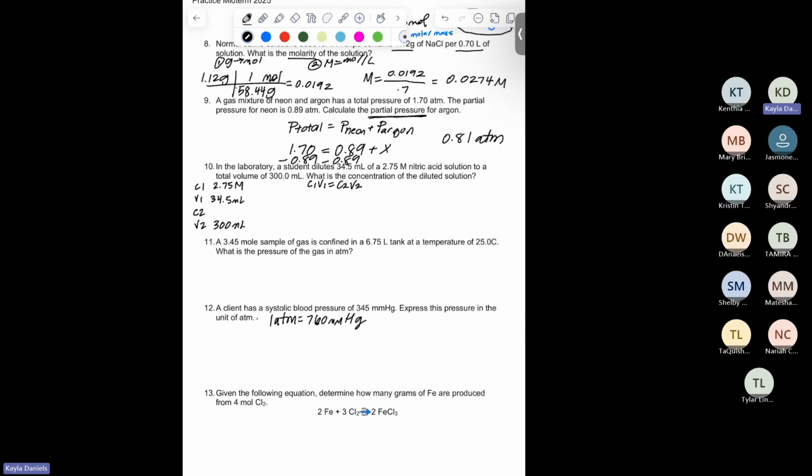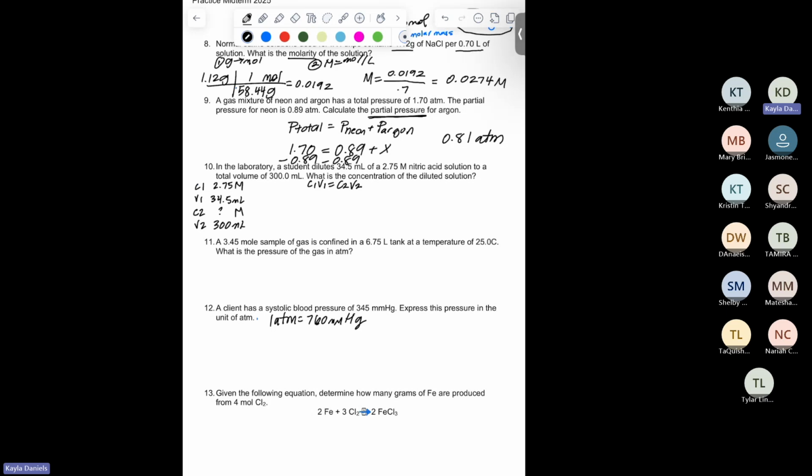And then I'm trying to figure out what the final concentration is. Since we're solving for C2 and our first concentration was in molar, it's just going to come out in molar. I need to make sure my volumes are the same unit, and they are. They're both in milliliters. So I'm good to go.